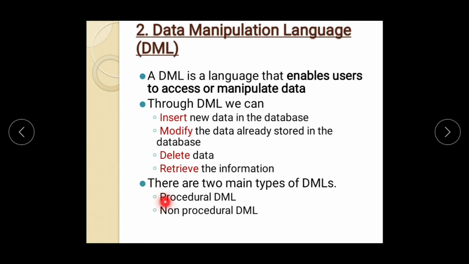The procedural DML uses the same concept we use in writing a program. While writing a C program, we use a procedural method, writing the code line by line. That is called procedural DML.